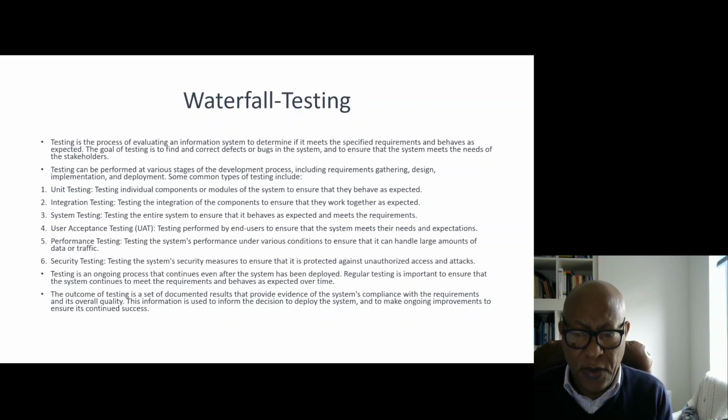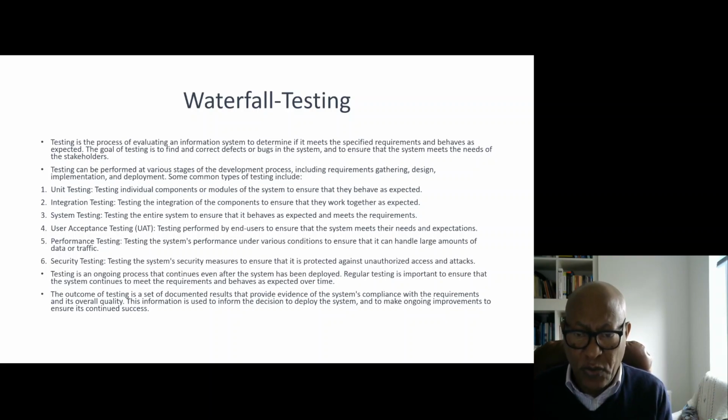And then performance testing. These are most probably specifications you have also: at what speed does your database respond to a request? That is performance testing. And security testing: is the system secure, protected against threats and so on? So these are the elements you need to do in testing the developed systems, from the module to component, and the interfunctionality of those components to create what we call the system.